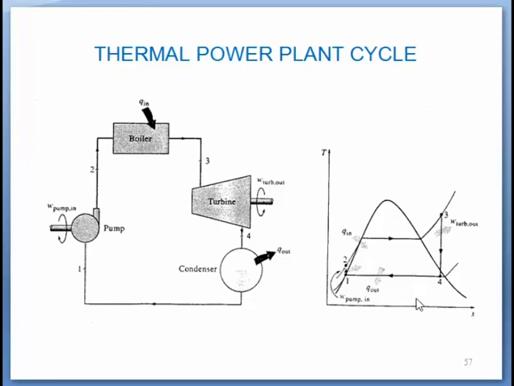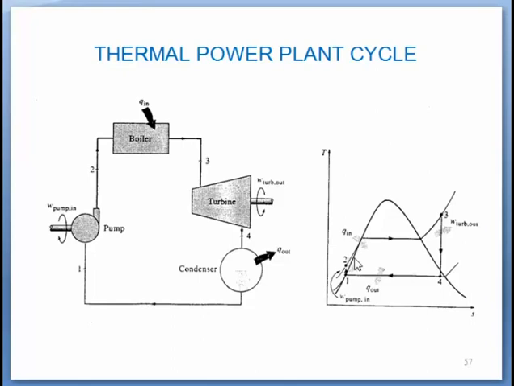And this is your TS diagram. Point 1 represents the outlet condition of the condenser, and point 2 is the condition after pumping, which is the inlet to the boiler. In the boiler, heat is added. For the generation of steam, first it takes sensible heat where the temperature changes.